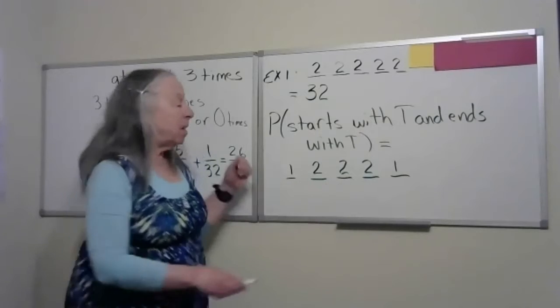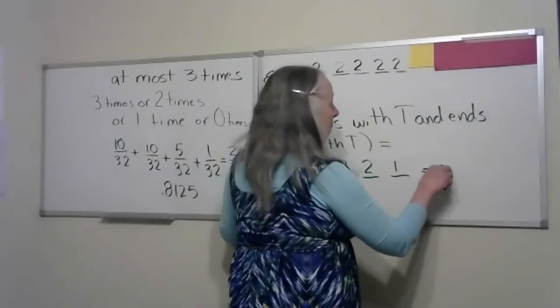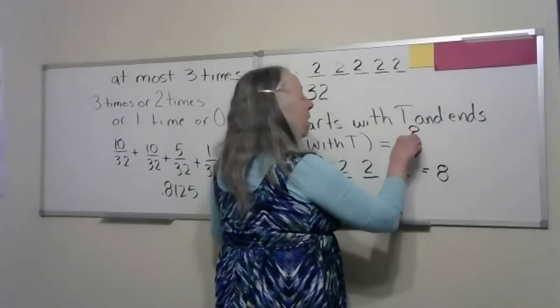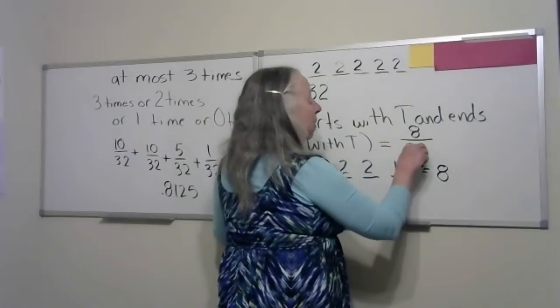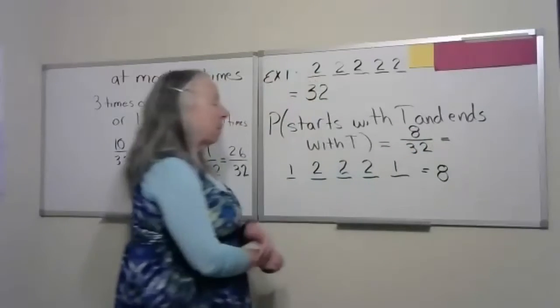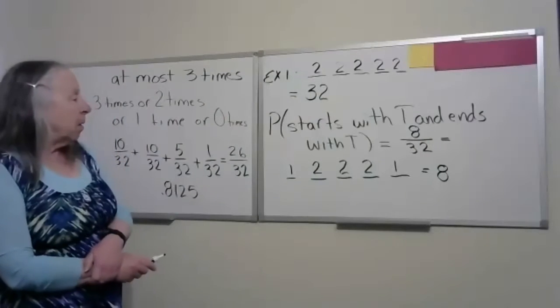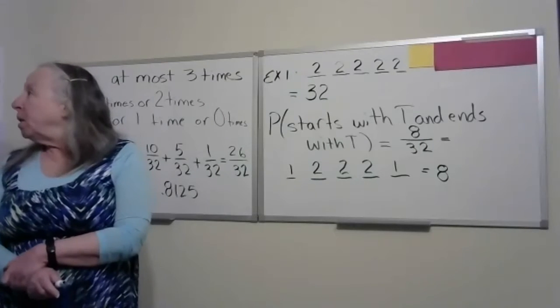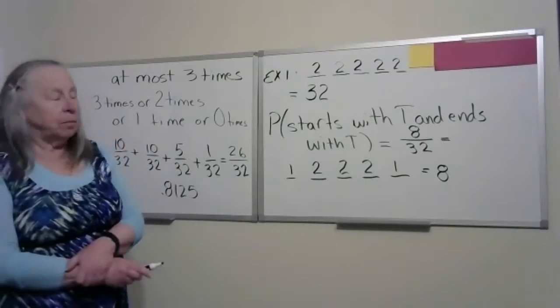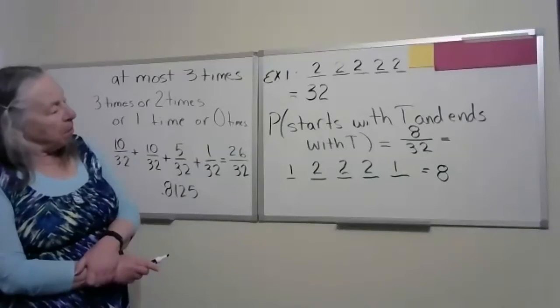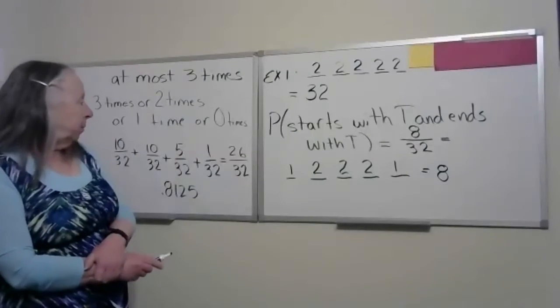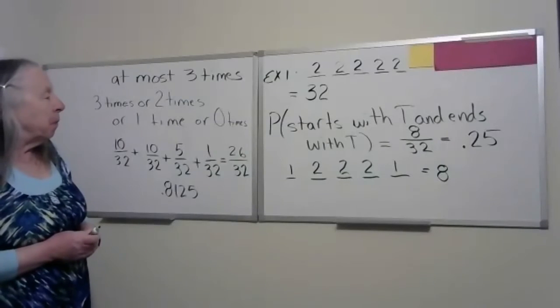There's 8 ways that we can do that. So we have 8 out of our 32. And so what does that give us as a decimal? 0.25. Everybody good with that now?